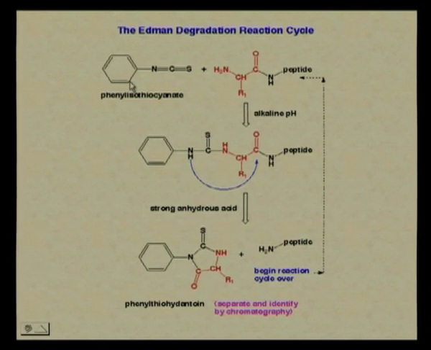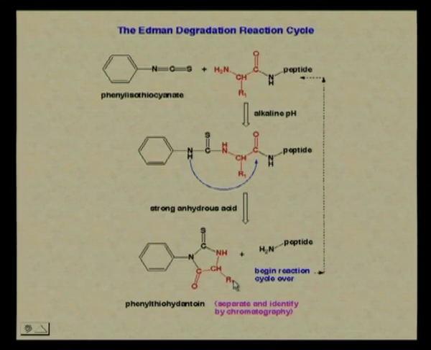So, essentially in Edman degradation, we have a phenyl isothiocyanate interact with the amino terminal of a peptide chain, and what happens is we have the cleavage of the peptide into forming a new amino terminus, and we have a cyclic phenyl thiohydantoin derivative which has linked to it the first amino acid that happened to be part of the original polypeptide chain.